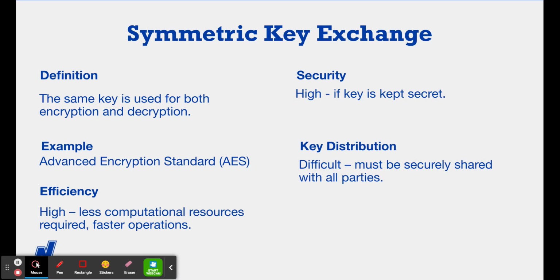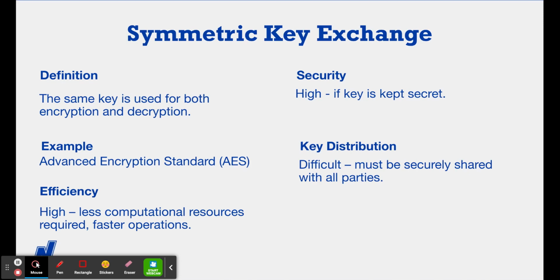Symmetric key exchange, as mentioned, also known as a secret key exchange, involves using the same key for both encryption and decryption processes. For instance, if Alice wants to send a certain message to Bob, both Alice and Bob will need to have the same key. An example of symmetric key exchange is the Advanced Encryption Standard, or the AES, which is widely used in data encryption.